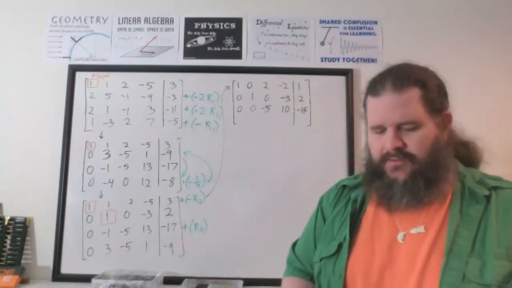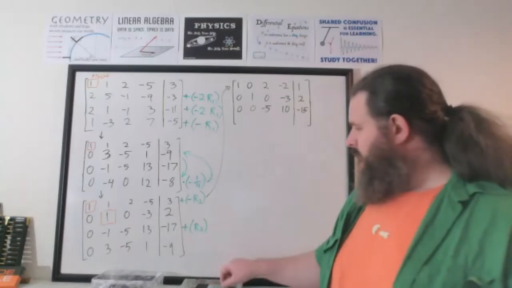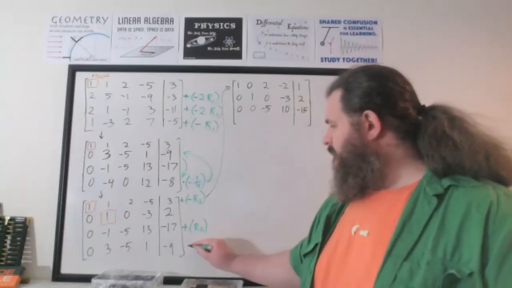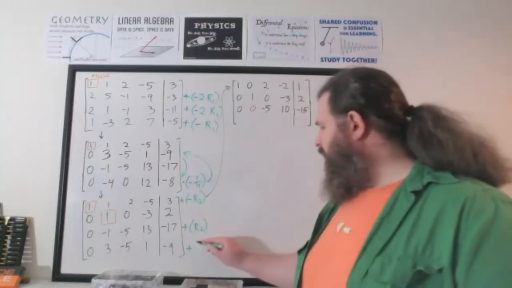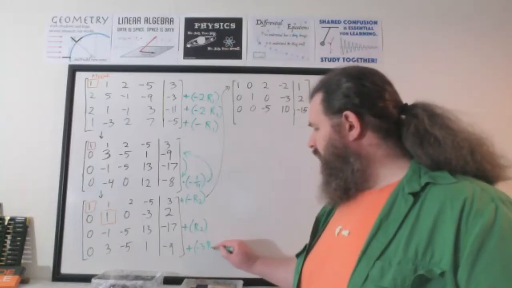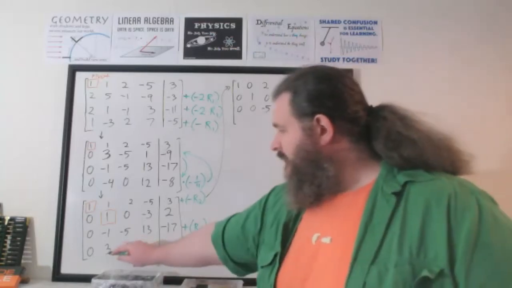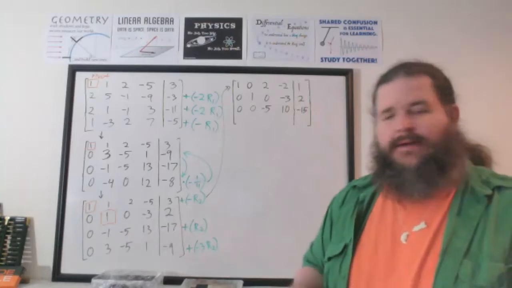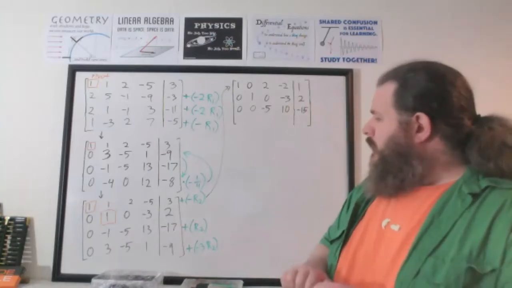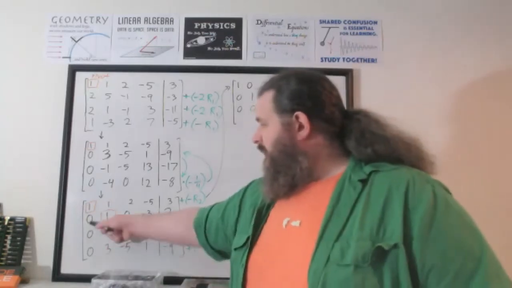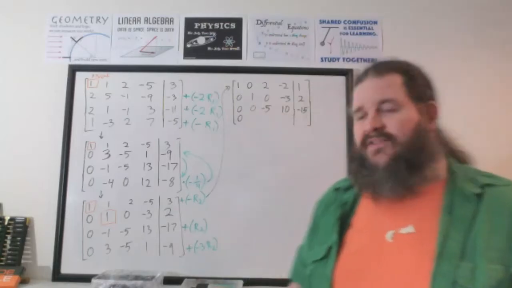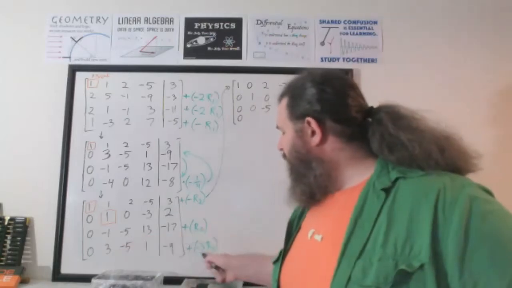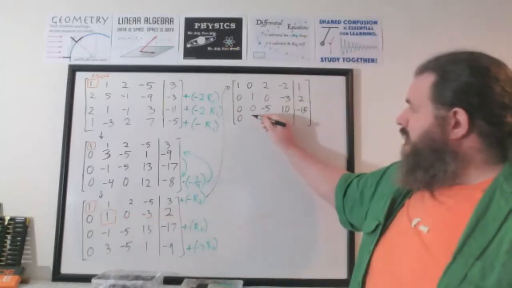What change could we do there? What do we want to add to this? Yeah, if we add -3 times row 2, that'll cancel out the +3 there. So 0 plus -3 times 0 is still 0. Again, we don't want to lose the 0 we've already established. 3 plus -3 times 1 is 0.